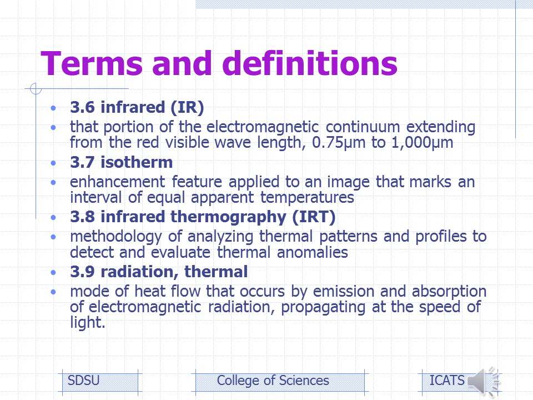An isotherm is an enhanced feature applied to the image that marks an interval of equal temperatures. So again, in a black and white photo, you'd see, let's say, pure white, then you'd see a gray area. You might have a line around it according to how that particular camera worked. It's an isotherm, the same temperature.